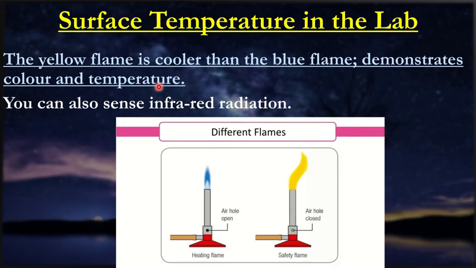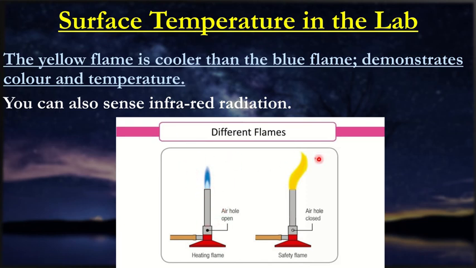You can imagine this when we are in the lab. Using the Bunsen burner as a good example, the safety flame is certainly the lower temperature flame, and it gives off a yellowish orange color. And if we add in oxygen, so if there's sufficient oxygen, we get the blue flame, which is a lot hotter.